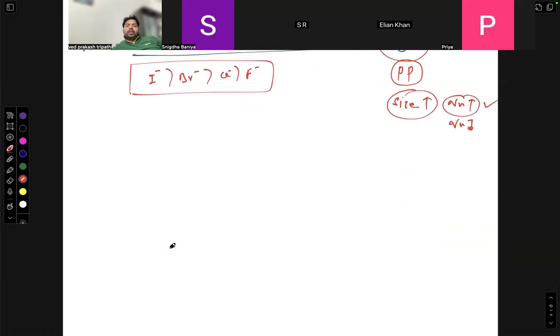Now the next is polar aprotic, in a polar aprotic solvent. We can consider acetone. This is the negative end, this is the positive end, and suppose here you have NaF.